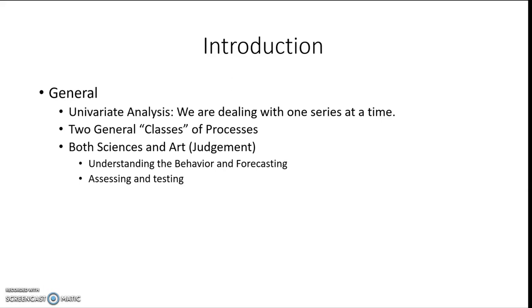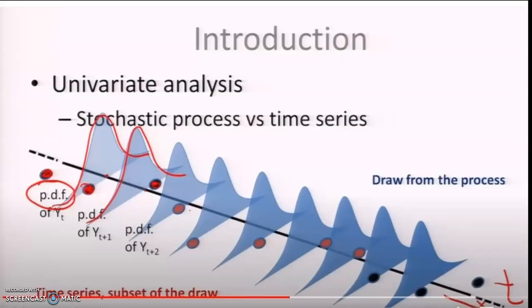And regarding the understanding of the behavior and forecasting of a time series, we may use both science as well as art. And later on, we will assess and test the behavior of the time series.